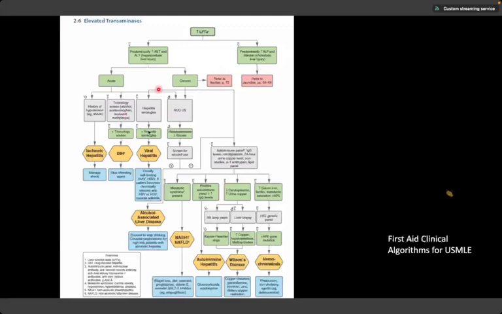Okay? Now, we should always do hepatitis serologies, okay? And if it comes back positive, no surprise, viral hepatitis, usually it's self-limiting. But if the patient becomes chronically infected with Hep B or Hep C, there is a role for antivirals, right?